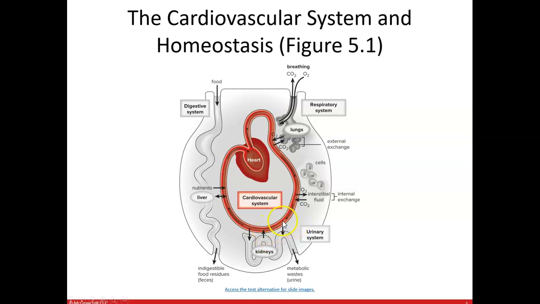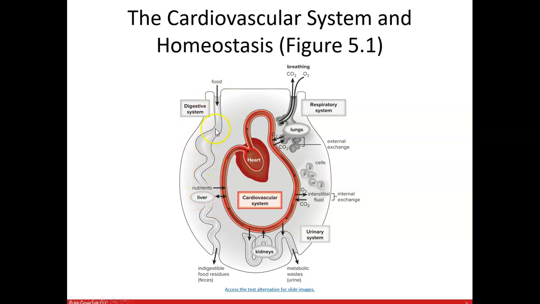The urinary system cleans the blood and interacts with the cardiovascular system extensively. The blood's going to go through the kidneys all day long. Your blood's being cleaned by your kidneys, and wastes are being removed. And then our liver interacts with our cardiovascular system, which would be a digestive function.